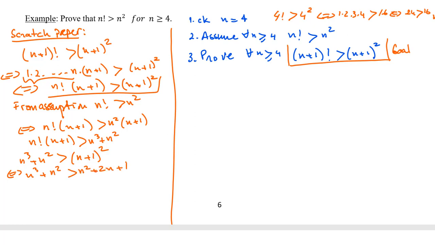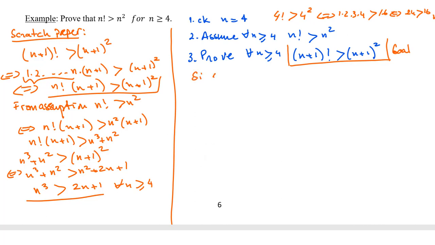If I subtract n squared from both sides, we get n to the third is greater than 2n plus 1. That we know for all n greater than or equal to 4. You could use another proof by induction to prove it, but we know it's true.